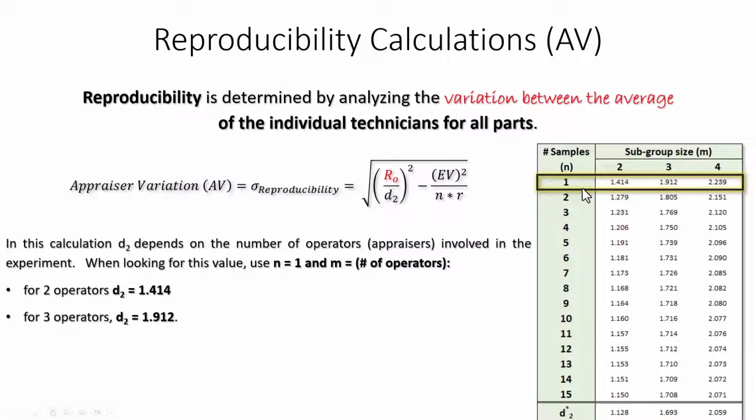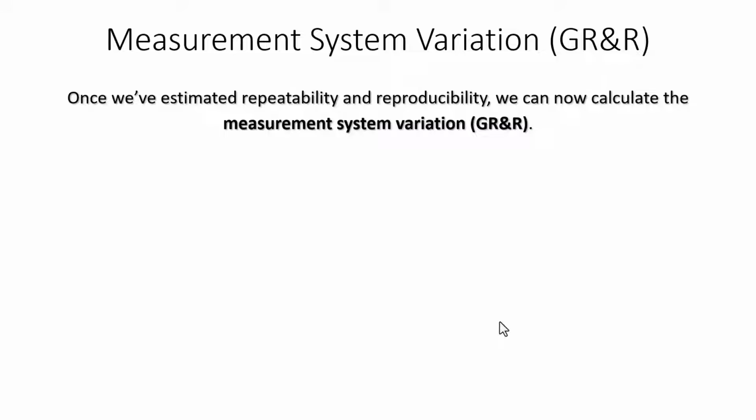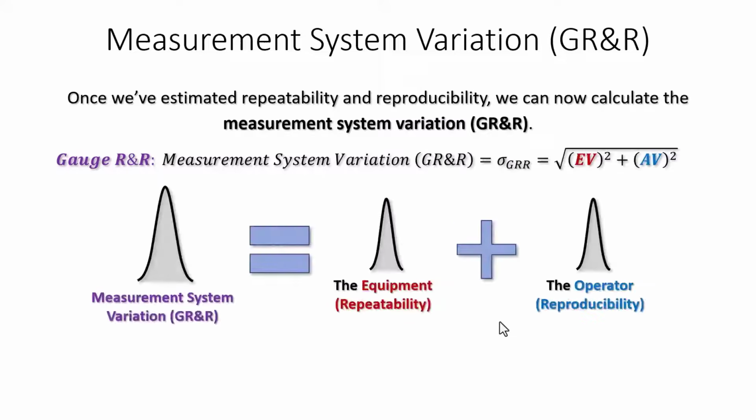Your N value is always equal to 1, and your M value, your subgroup size, is always equal to the number of operators. So for us, for 3 operators, that's 1.912. If you work this equation, you can calculate the reproducibility, or the appraiser variation, as 0.4074.